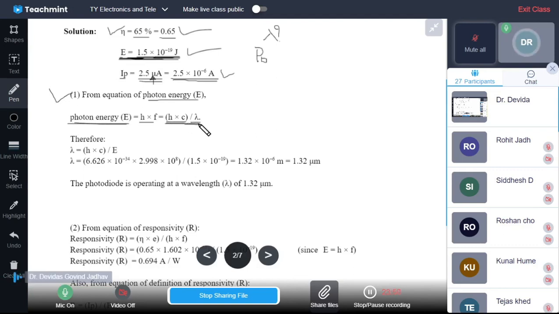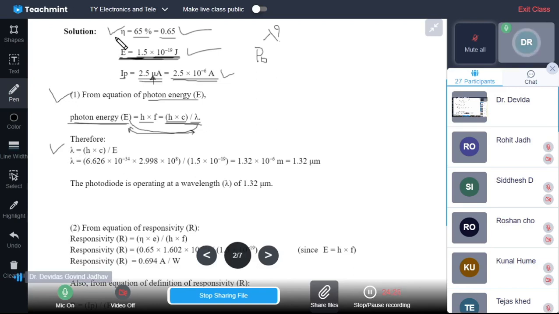Take lambda on one side and energy on the other side, so that the denominator lambda goes into the numerator and the energy goes into the denominator of the right side. The equation can be rearranged as lambda equal to Hc upon E.